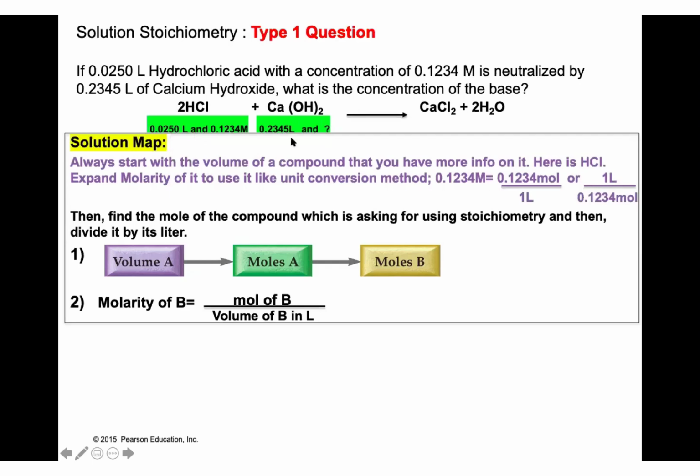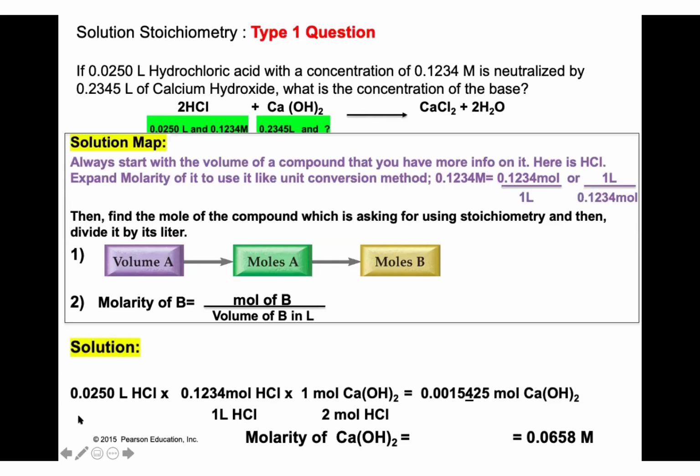So I'm going to start with the volume of HCl. Then I need to, guys, expand the molarity of it. How do I expand it? We know that molarity is what? What is the unit of molarity? It is mole per liter, right? Molarity was moles of solute per liter of solution.